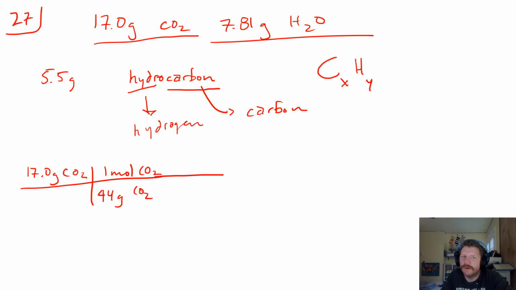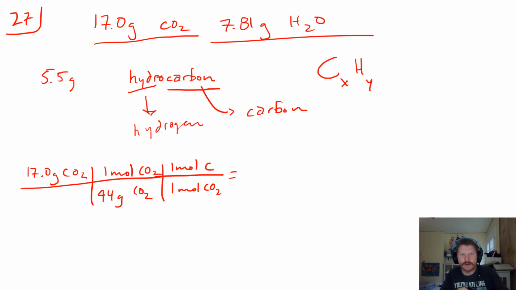After I figure out the number of moles of CO2, I want to relate that to the number of moles of carbon. If I have 1 mole of CO2, then I have 1 mole of carbon, because for every CO2 molecule, there is 1 carbon. So I'm going to say 1 mole CO2, 1 mole carbon.